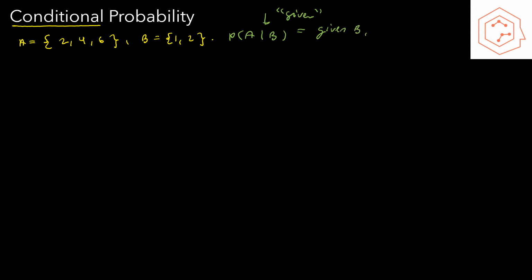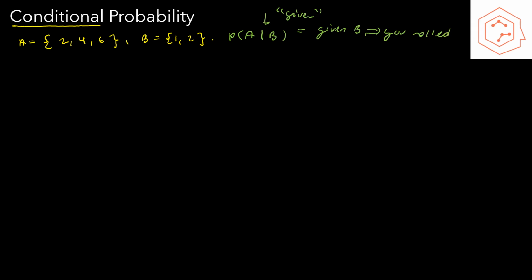If we return to our two events, A, which was 2, 4, or 6, and B, which was rolling either a 1 or a 2, the probability of A given B, where this line simply means given, is essentially saying: given B, you already rolled.